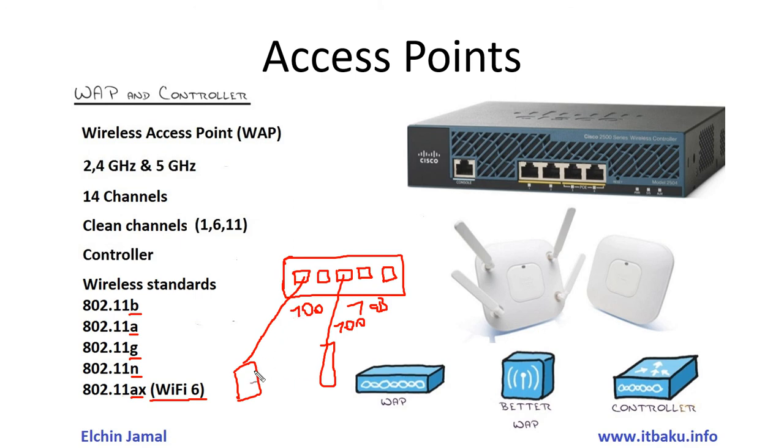These devices don't interfere with each other. So I can connect a lot of devices here, and each of them uses its own speed without any problem. But with access points, the situation is quite different.